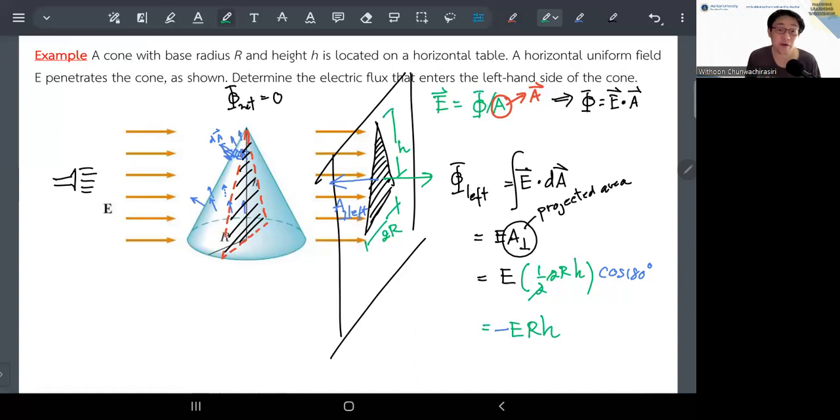That's why the net flux is going to be 0: one is in, one is out, one is negative, the other is positive. They cancel. And that's it. It's done. Negative H. Does that help?